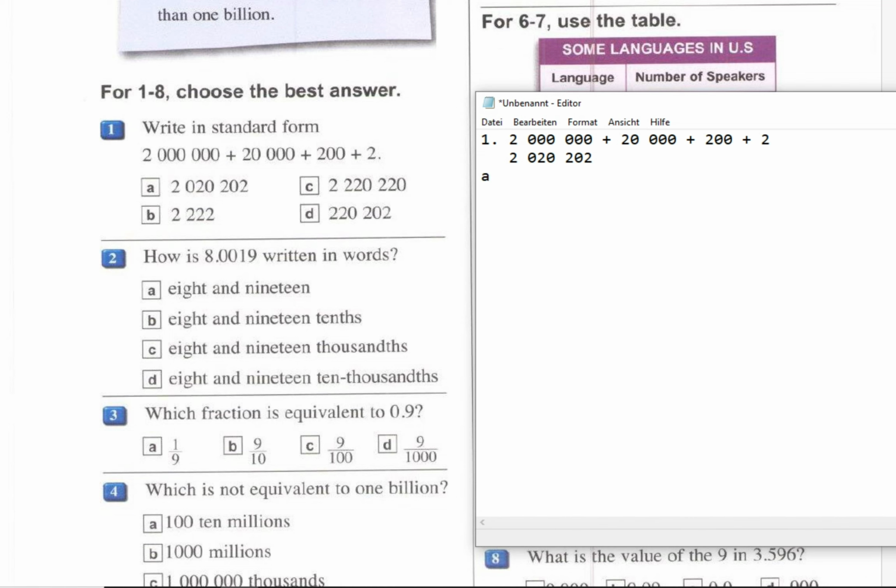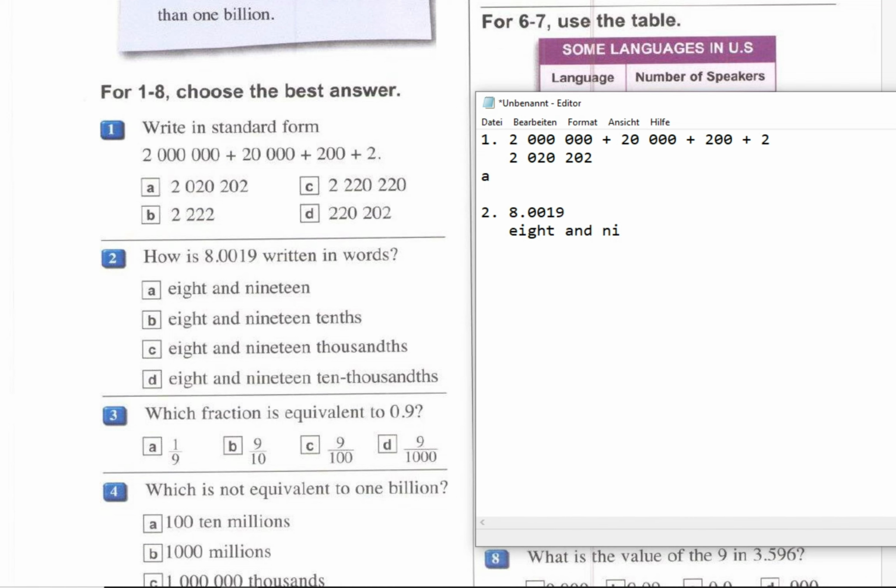So slowly we will go to question number 2. And we have 8 and 19, 10,000. Okay, so what's the correct? 8 and 19? No, it's not correct. 8 and 19 tenths?